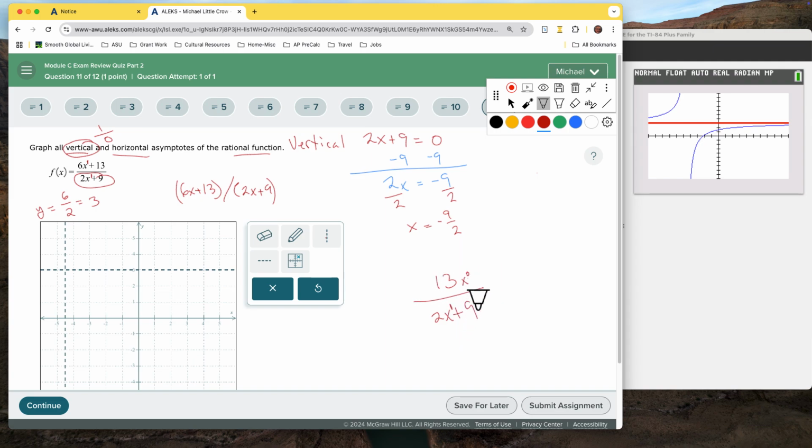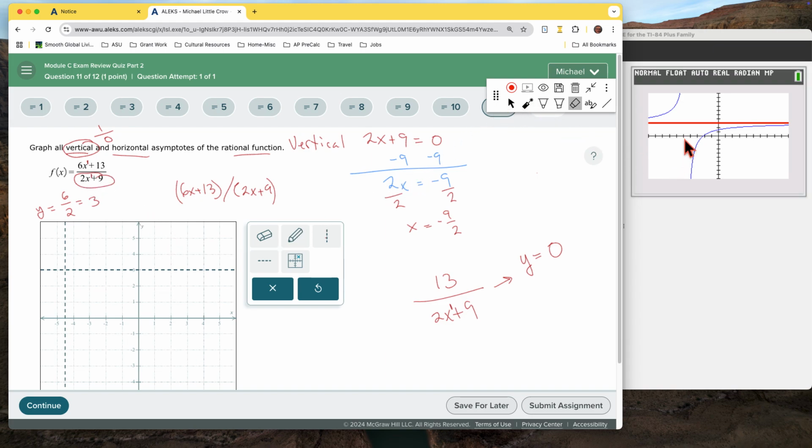Its degree is smaller than the bottom, and so that means we're going to get a horizontal asymptote at y equals 0. So don't forget that one. When you only see just a number in the numerator, we're going to get y equals 0. That would have been it. But this time, we've got an x in the top and bottom, so it's going to be the ratio.